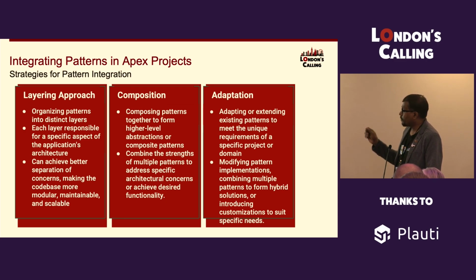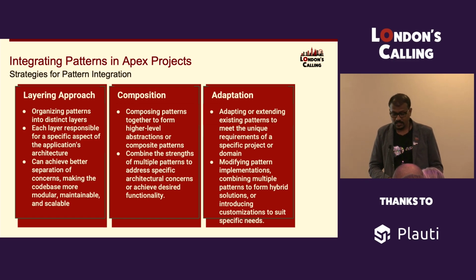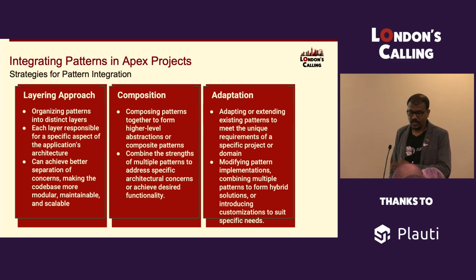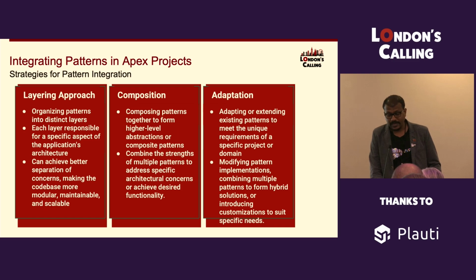And by adapting or extending the existing patterns, we can meet the unique requirements of a specific project or domain: modifying pattern implementation, combining multiple patterns to form a hybrid solution, or introducing customization to suit specific needs. So these are the three strategies that we can use in pattern integration.